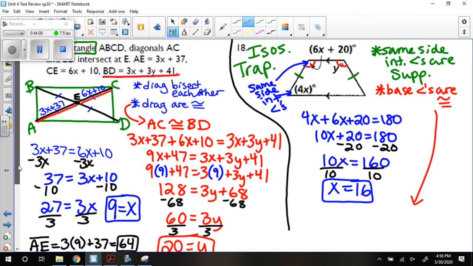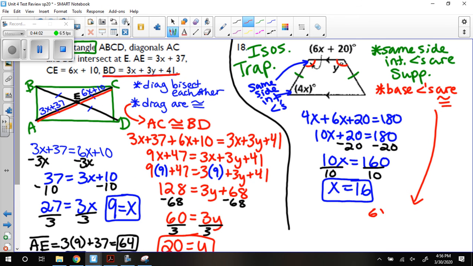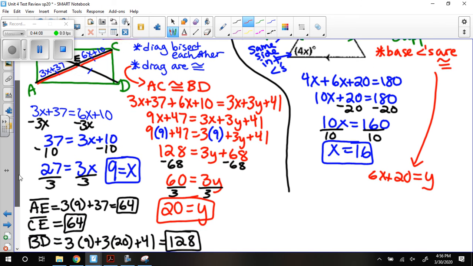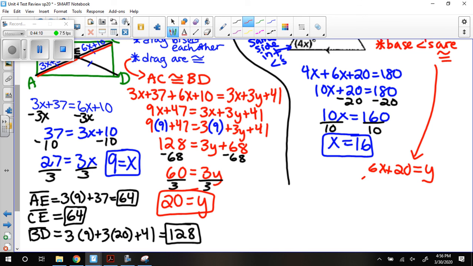We can say that our 6x plus 20 is equal to our y. Now the good thing is, I already know what x is, so I can plug it in. 6 times 16 plus 20 equals y, and 6 times 16 plus 20 is 116. So that's what the y value is.